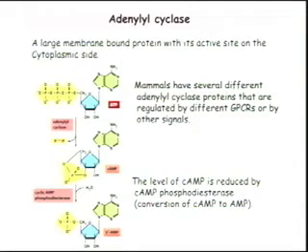Then you get an increase in cyclic AMP concentration in the cells for a very short period of time, because one of the downstream consequences of cyclic AMP activation is to later activate this enzyme to get rid of it. So all of these activations happen very fast and only last a short duration, so that your body does not have to go through an adrenaline rush all the time.